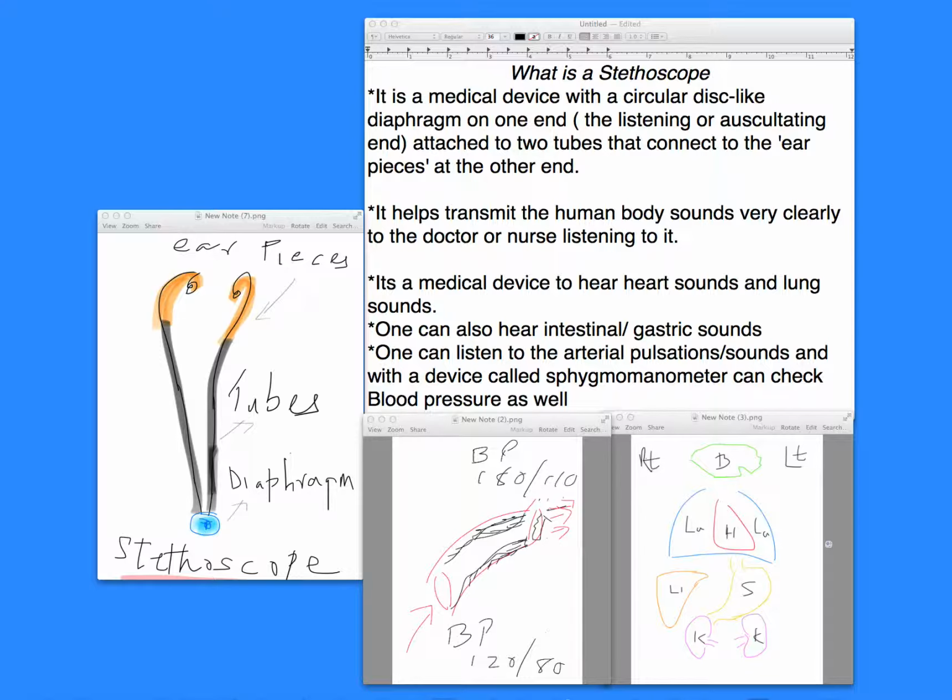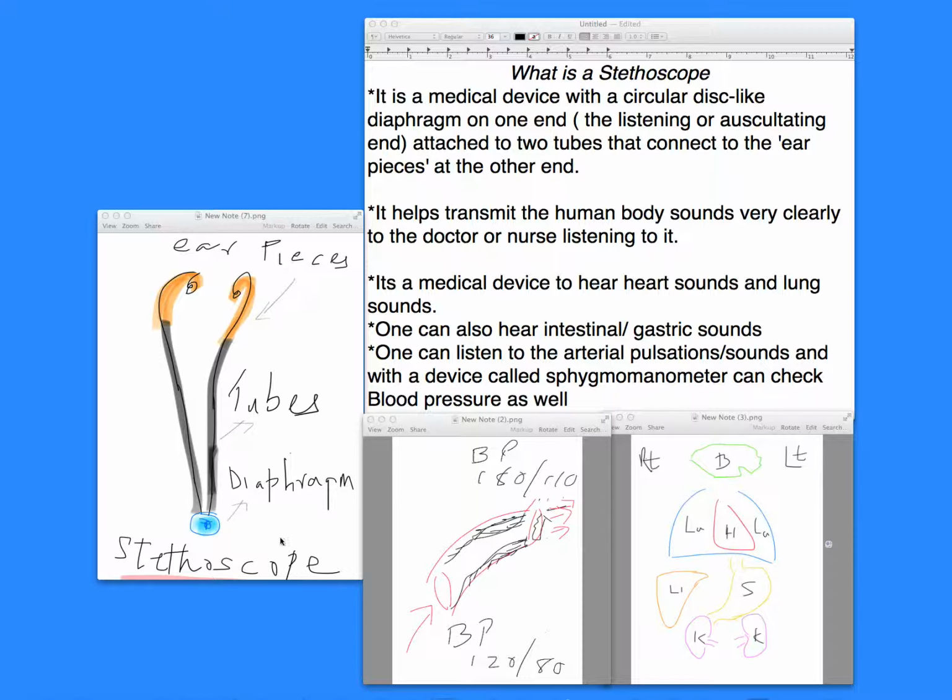But anyway, within the scope of this video presentation, I was only here to talk to you about the stethoscope, the three parts, the earpieces, the tubes, and the diaphragm, and what it transmits is the human body sounds across through the tubes wherever the diaphragm is placed. If it's placed on the chest, one can hear the lung and the heart sounds.